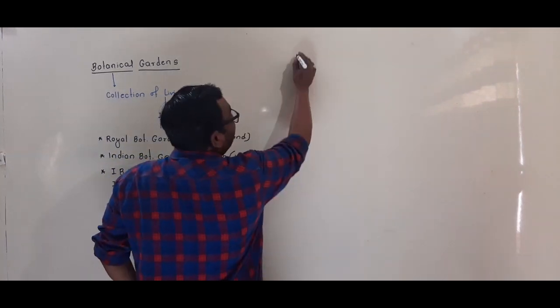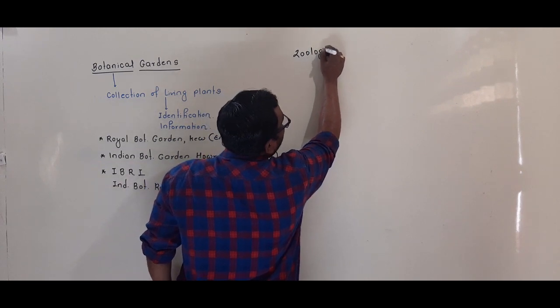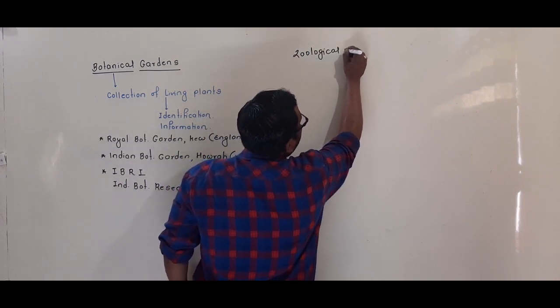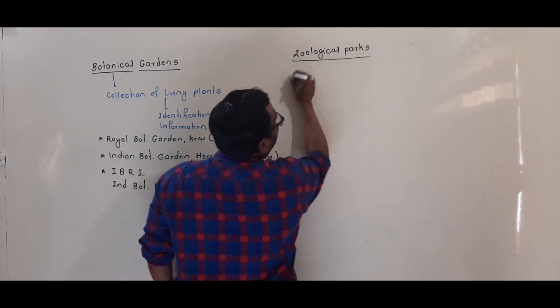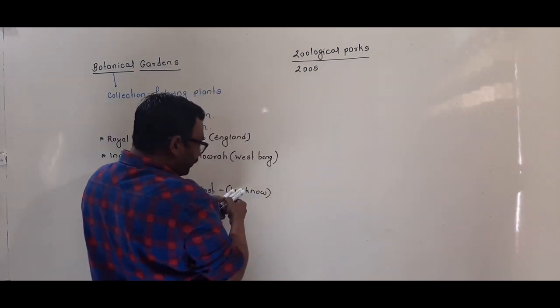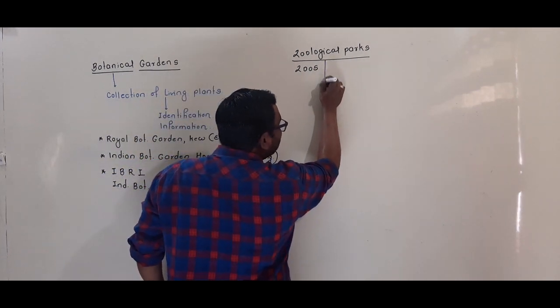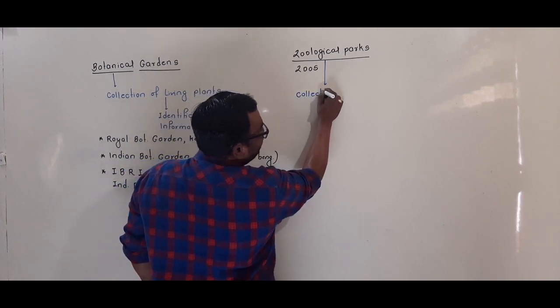The second taxonomic tool is the zoological parks. Whenever you talk about zoological parks, we commonly call them zoos. Am I right? A zoological park is considered to be a collection of wild animals.